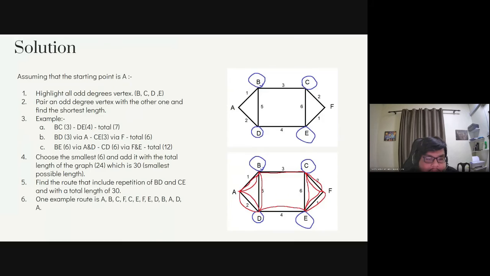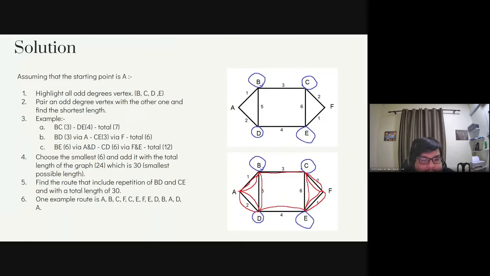As an example, I've chosen the point B to be paired with the other points. So B to C, and when we have already paired B with C, D and E have to be paired together.